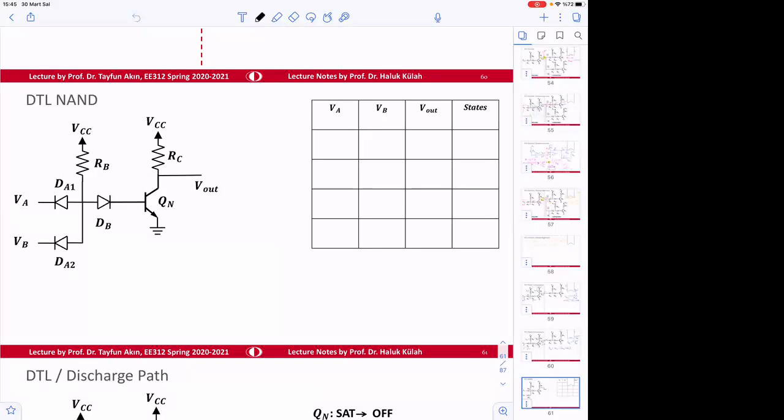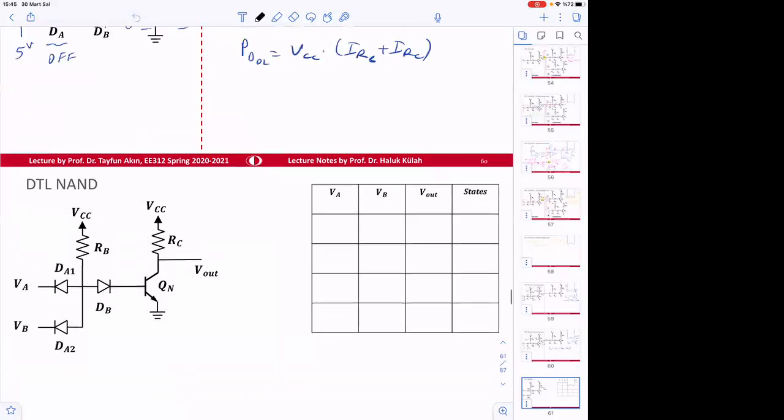We will continue today with the DTL technology. Up to now, we have seen how to implement the inverter with this technology.